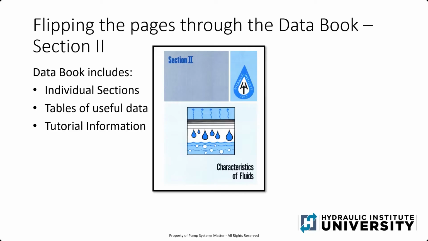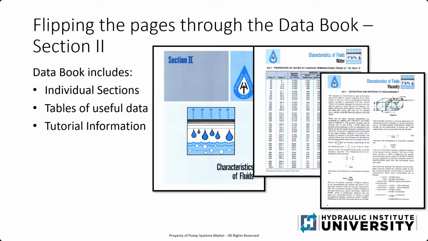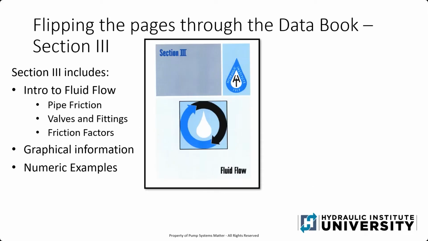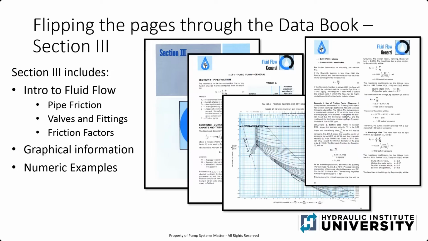But section 2 covered characteristics of fluids: properties, specific gravity, absolute vapor pressure, etc., viscosity. Then section 3 was fluid flow, so how friction loss occurs in pipes and what factors contribute to that. The equations, the friction factors, the Moody diagrams, and calculation methods.